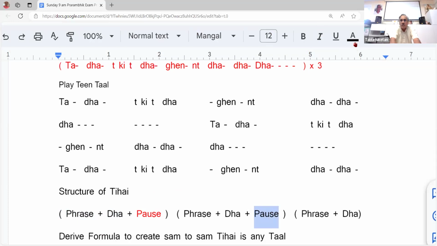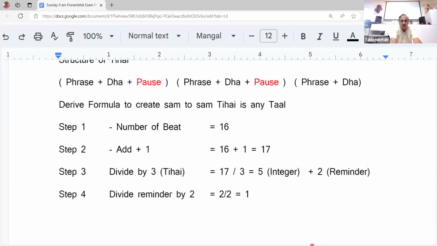So in the calculation below, your remainder was 2, right? So distribute one beat of pause here, and one beat of pause here. You have consumed the remainder.